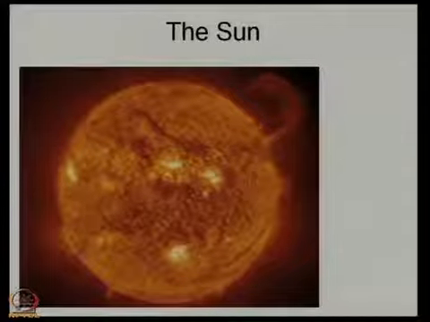Much of our information about the sun is obtained by studying the radiation coming from the sun to the surface of the earth. And this radiation is extremely important because it is essentially the source of energy on the basis of which the entire life is built up on earth.